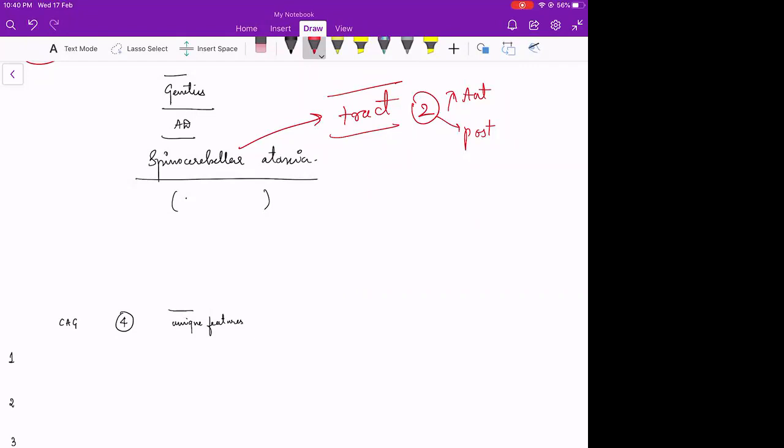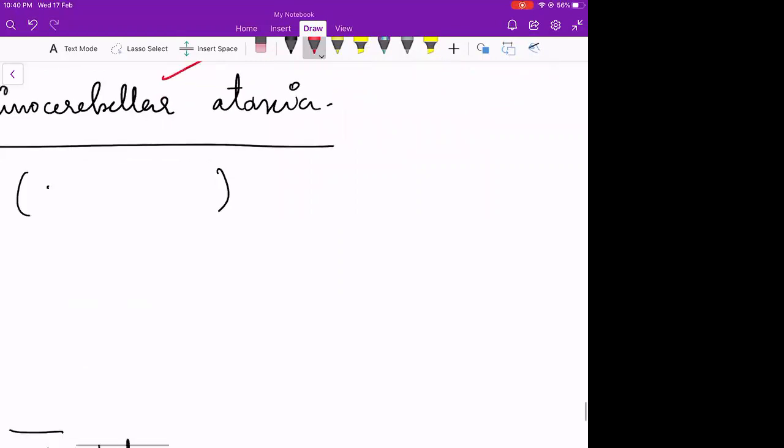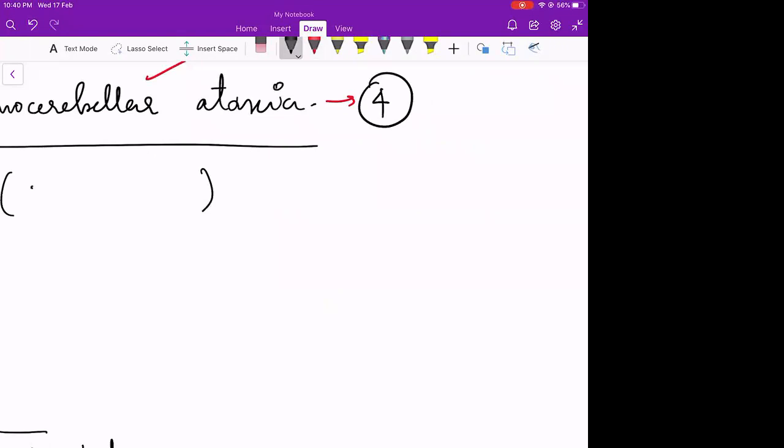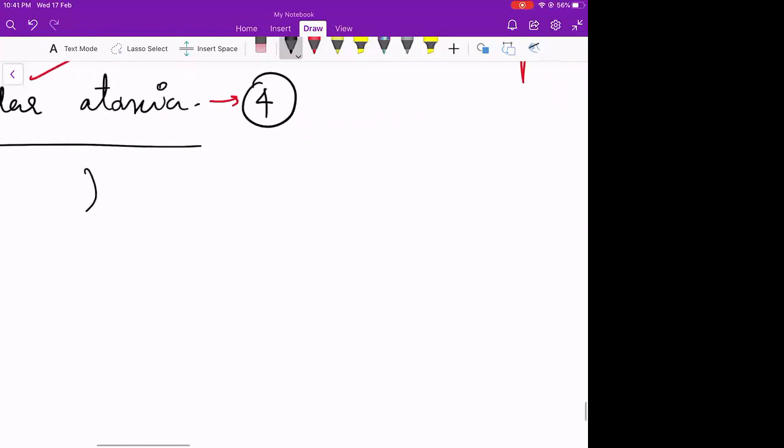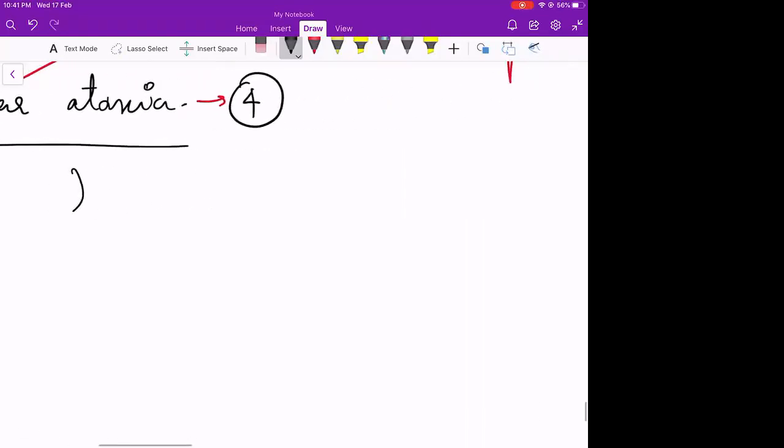All the sensory information is obtained through these receptors. It is more of a dry topic, mostly memory based, but I will try to cover most of the important points which we can write in the exam. In spinocerebellar ataxia, we particularly encounter CAG repeats.